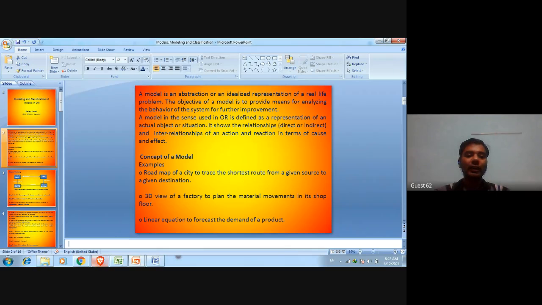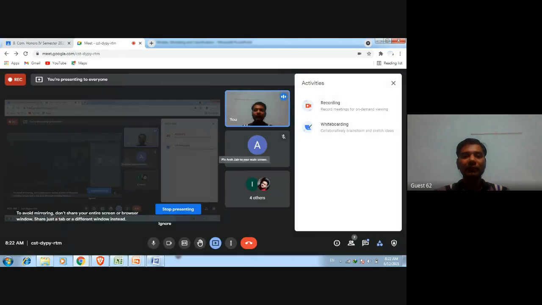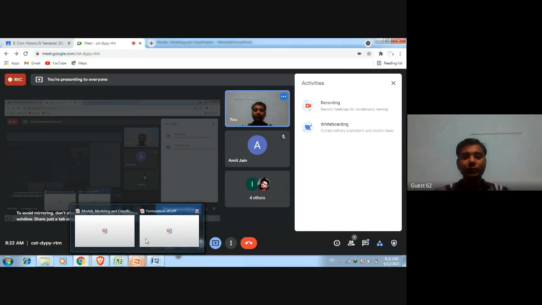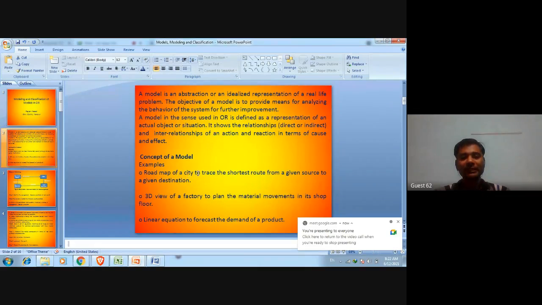If we are representing our problem in a mathematical form, then we can say that we are constructing a model. For example, a road map of a city traces the shortest route from a given source to a given destination. So this is related to your transportation model.